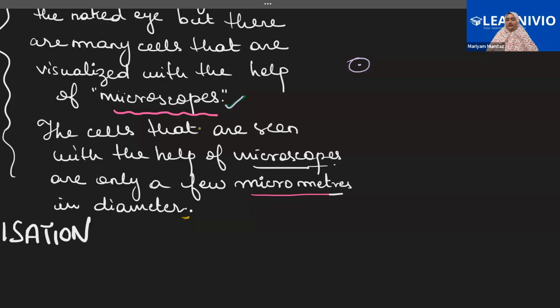Why can't we see without coloring? Have you seen a cell under a microscope? Yeah, the onion peel. Okay, so did you stain it? Why did you stain?